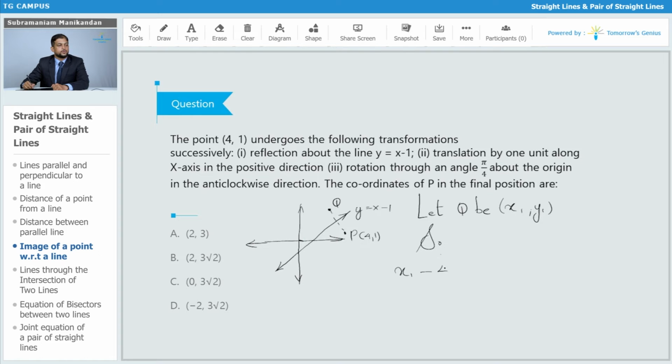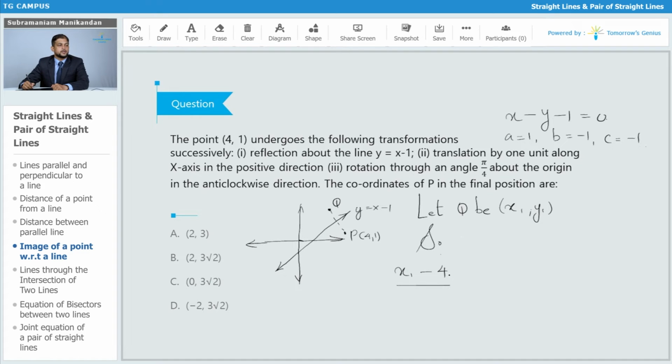So x1 minus 4 divided by, okay, so the line y is equal to x minus 1 can also be written as x minus y minus 1 is equal to 0, so that a equals 1, the coefficient of x, coefficient of y is minus 1, and the constant term is minus 1.